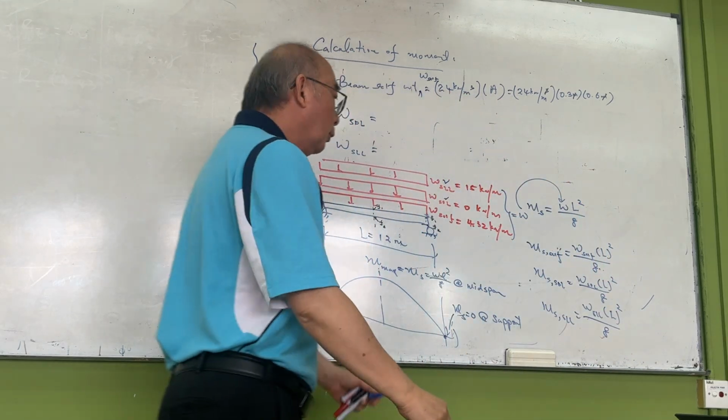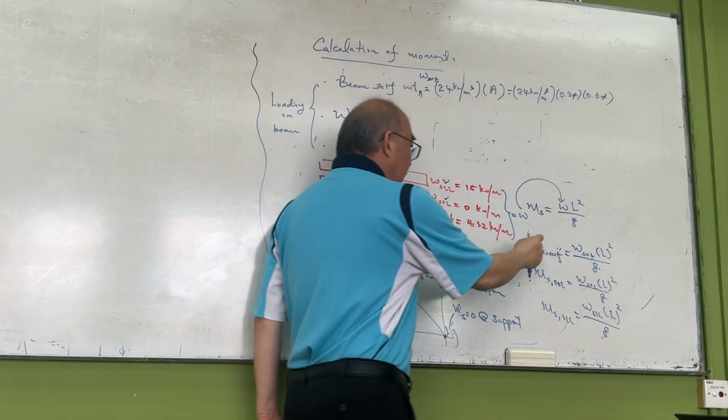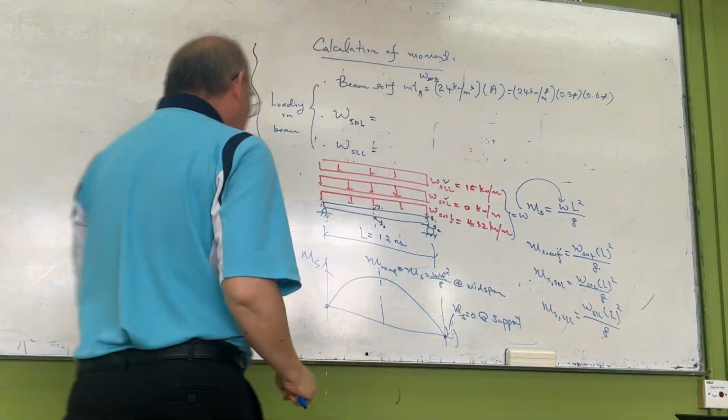Why do I split this? Because at the transfer stage, the MS you use is MS self weight.